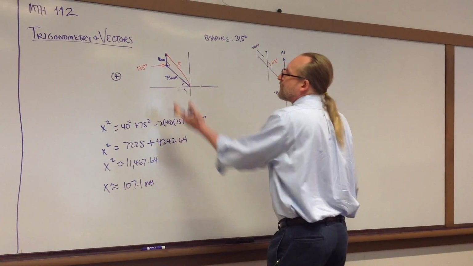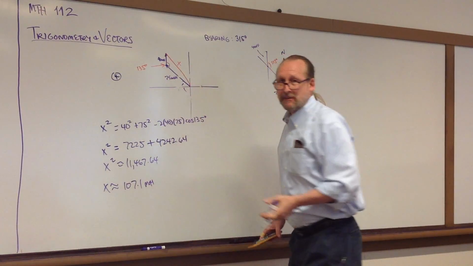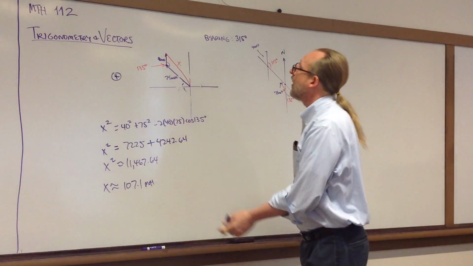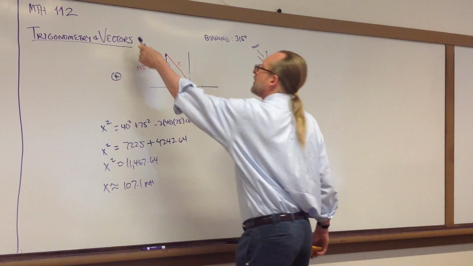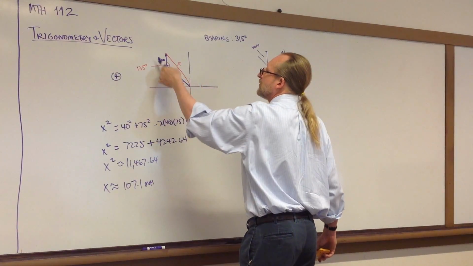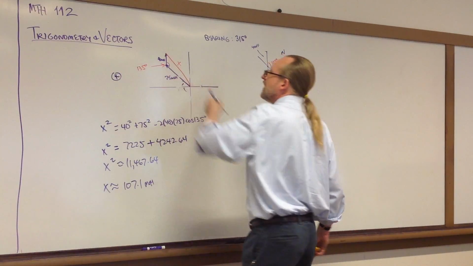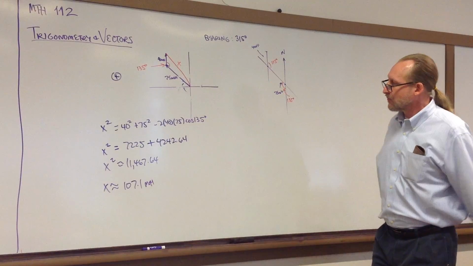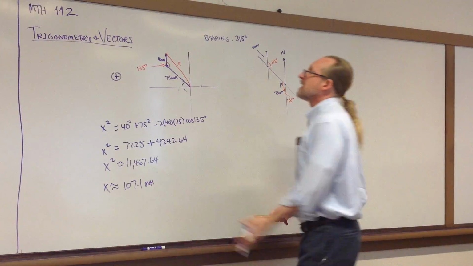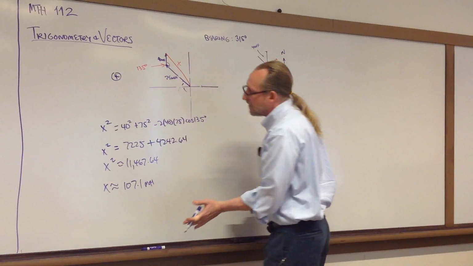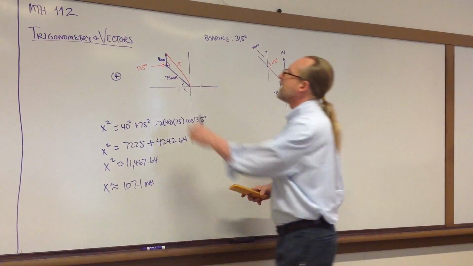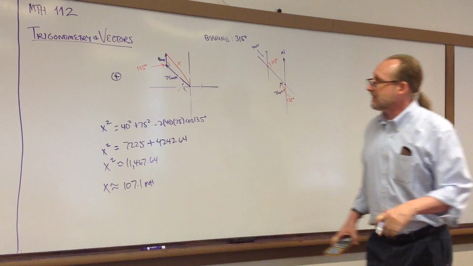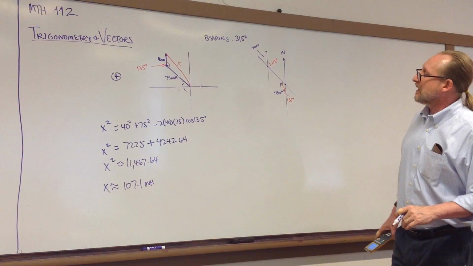So notice, if the wind were blowing in exactly the same direction, it would push it along and make it 115 miles per hour, okay? If it were blowing a headwind, you would subtract just 75 minus 40, and your actual forward motion would be 35 miles per hour. Because it's blowing on an angle, it is adding some speed to the plane, but not quite as much as the speed of the wind itself.